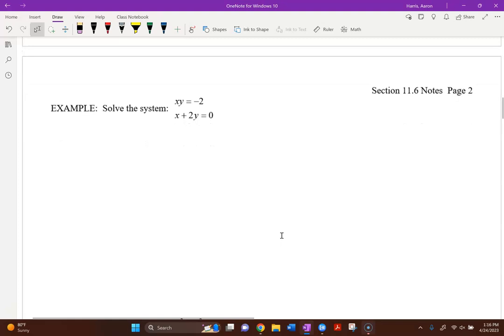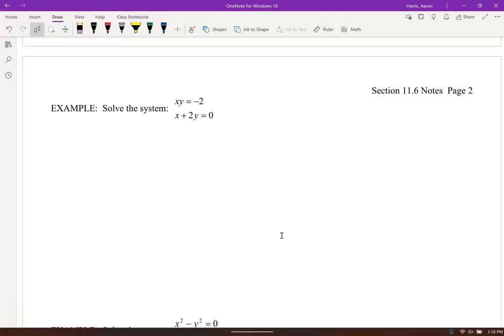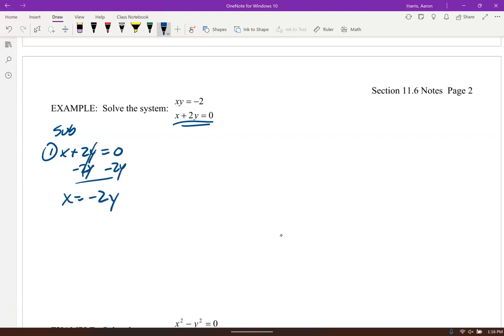All right, let's do this next one here: xy equals negative 2 and x plus 2y equals 0. So I'm going to go with substitution again, and I'm going to take that bottom one because it looks pretty easy to solve for x. Notice x is negative 2y.